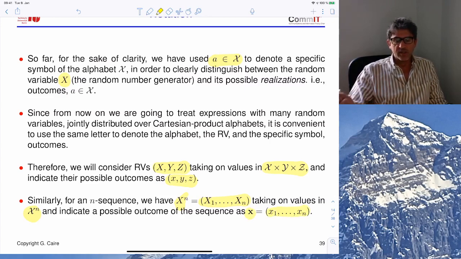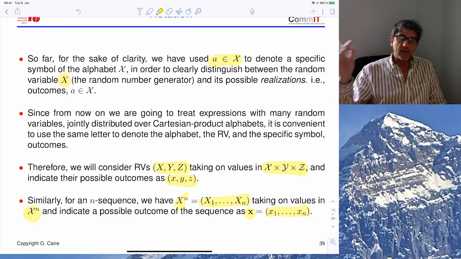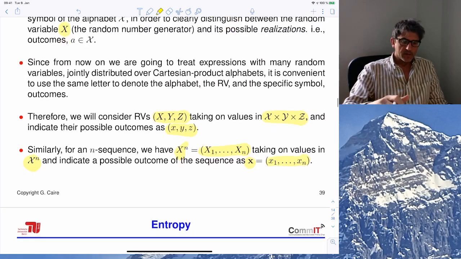It's easier to use the same letter. It's more confusing otherwise, because I cannot always repeat capital X, small x, calligraphic X, etc. But when you see the formulas, it's easier to identify random variables, their alphabets, and the symbols they take values in with the same letters because it's easier to recognize them.